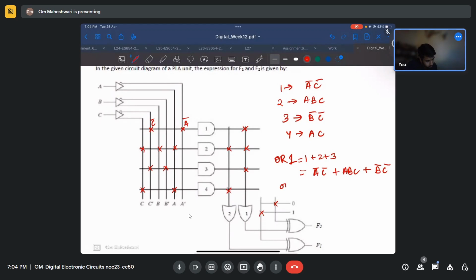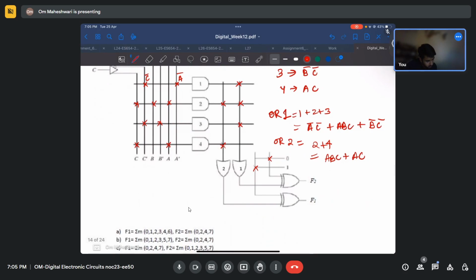In OR 2 we have 2 plus 4, that is ABC plus AC. So here F2 is 0 XOR this one.